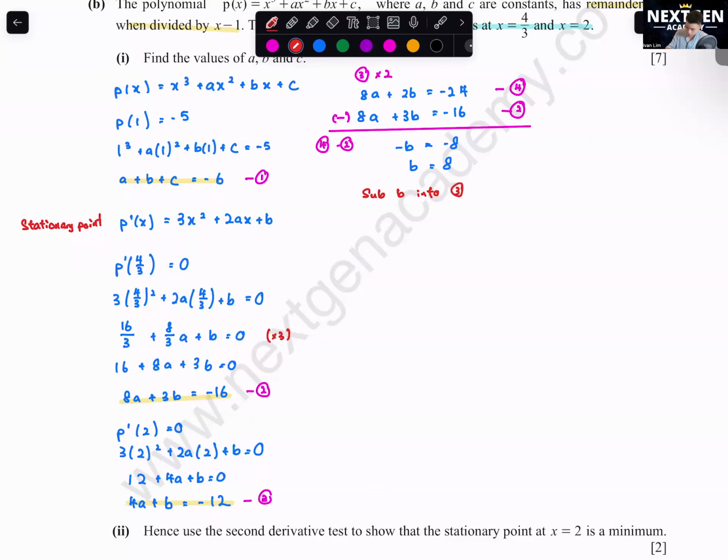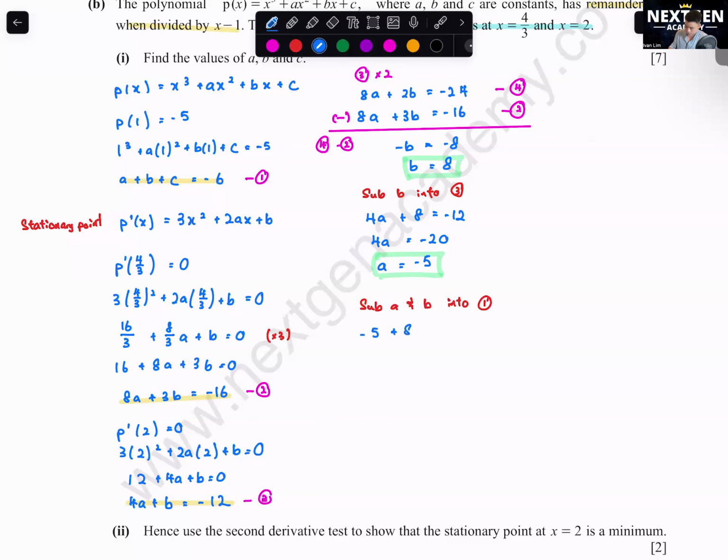So 4a plus 8 equals -12. 4a equals -20. a is equal to -5. Do you want to find a or b first? Doesn't matter. So b equals 8, a equals -5. Then substitute all of this, a and b, into 1.